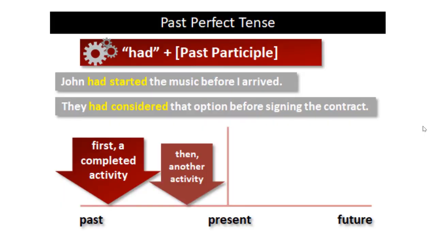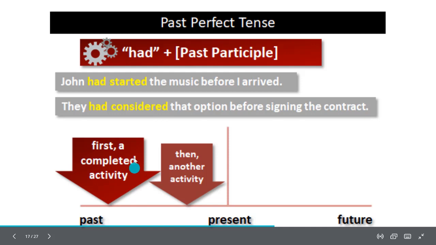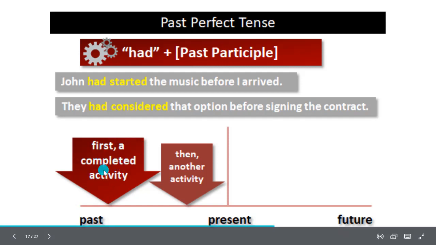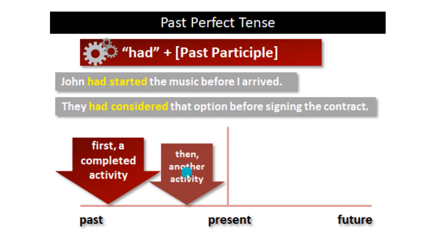As you can see here in the graphic, past perfect tense is discussing a completed activity, and then another activity where sometimes we use simple past or present perfect tense. So this past perfect tense is talking about a completed activity in the past before another activity.